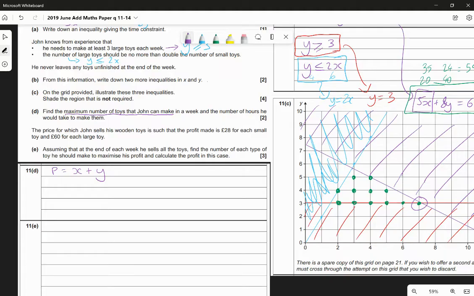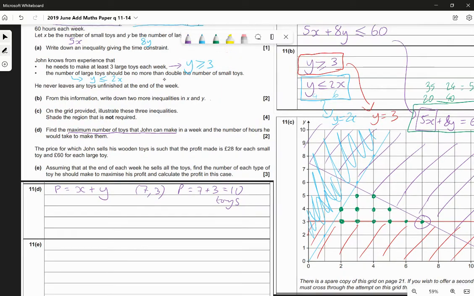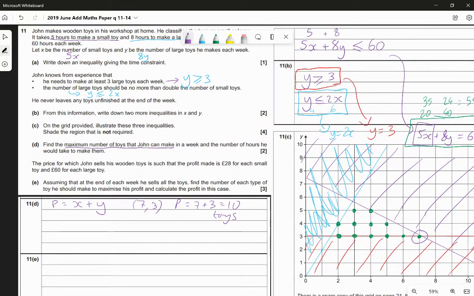It'll get us 10 toys made. So at 7, 3, P equals 7 plus 3, which is 10. So 10 toys made. And we want the number of hours he would take to make them. Now, like we remember, it takes 5 hours for every small toy, 8 hours for every large toy.